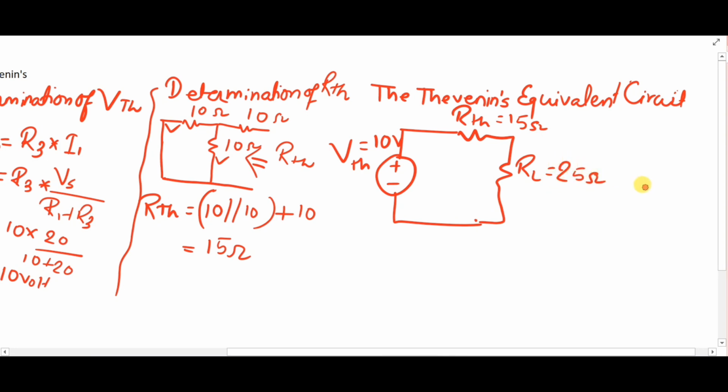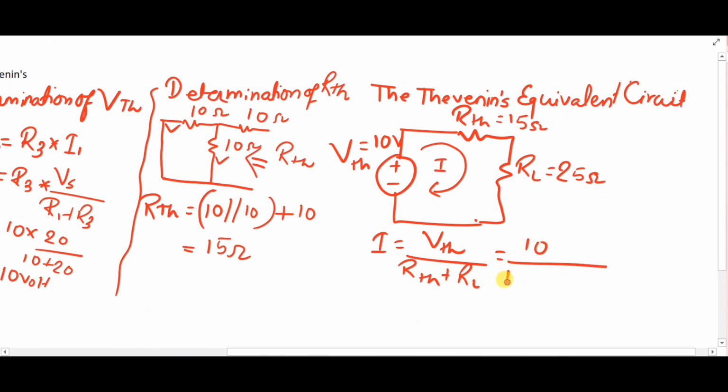After identifying the Thevenin's equivalent circuit, now determine the current flowing through the 25 ohm. This will be the current I. I is equal to VTH upon RTH plus RL. Our VTH is 10 volt and then 15 plus 25, which will be 0.25 ampere.